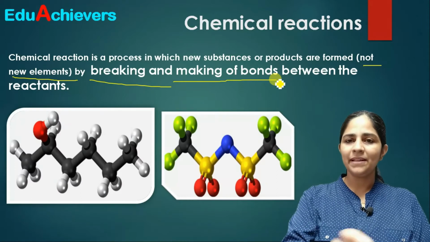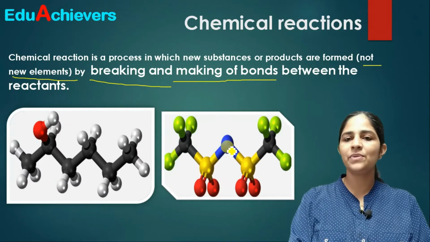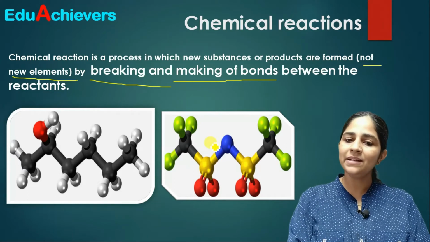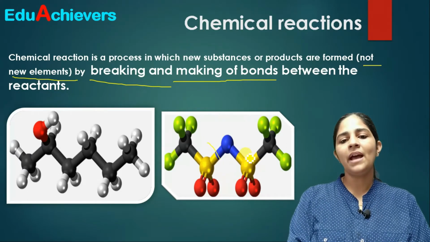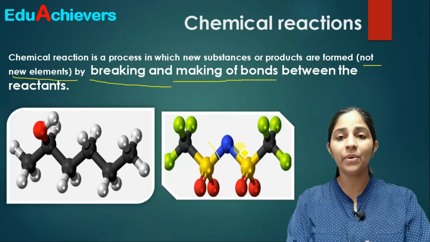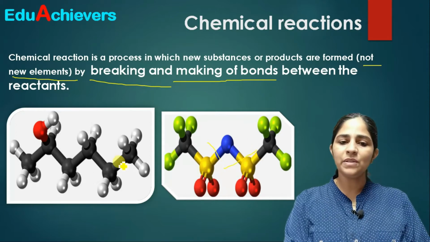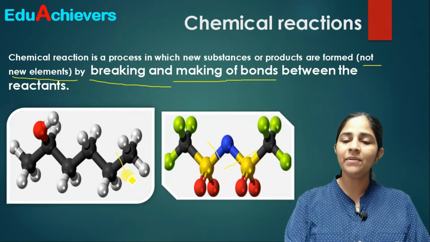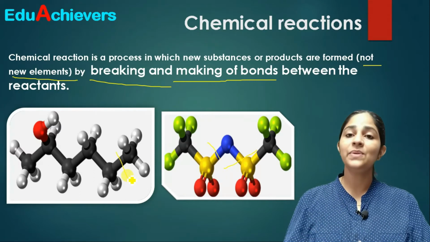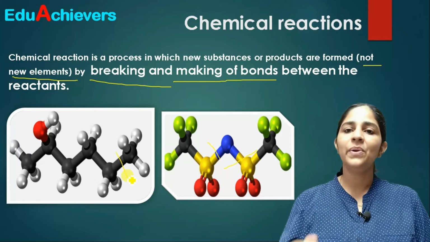You can understand by these images how the different bonds between these rounded molecules can get broken down and new bonds can form, and by the formation of new bonds, new compounds will be formed. This process is called a chemical reaction.